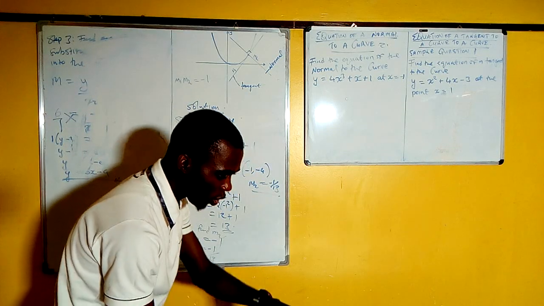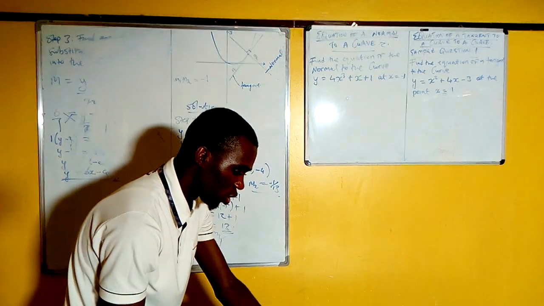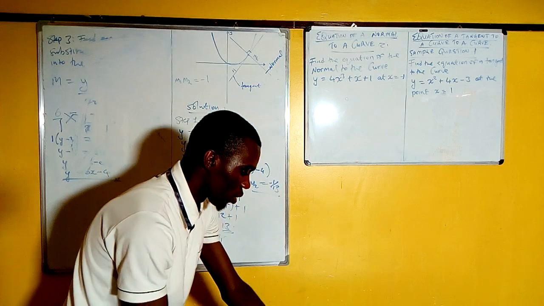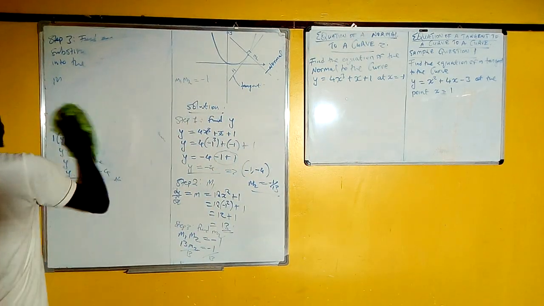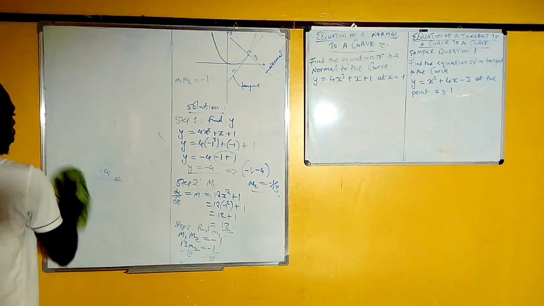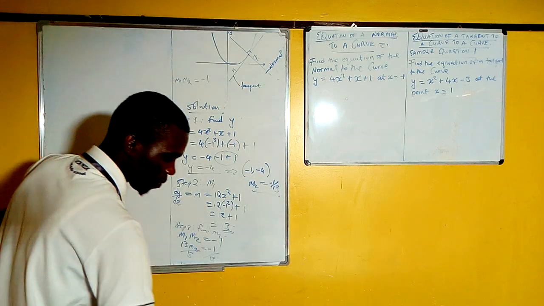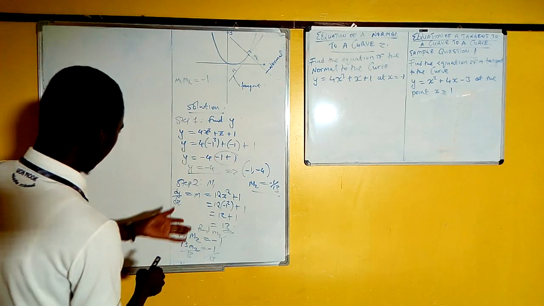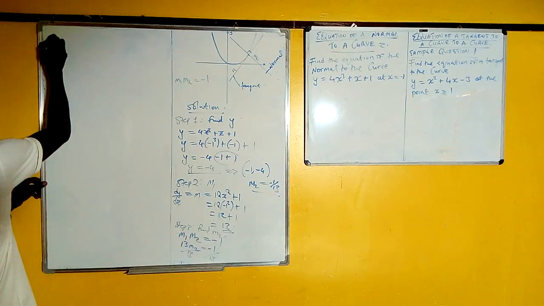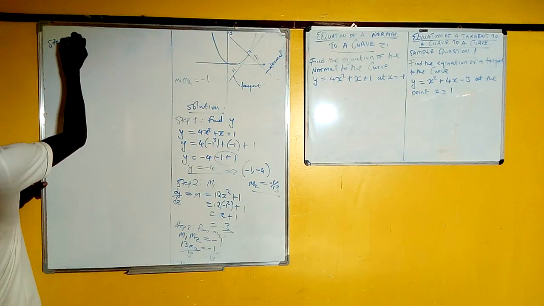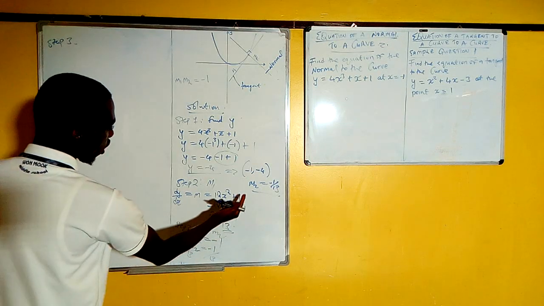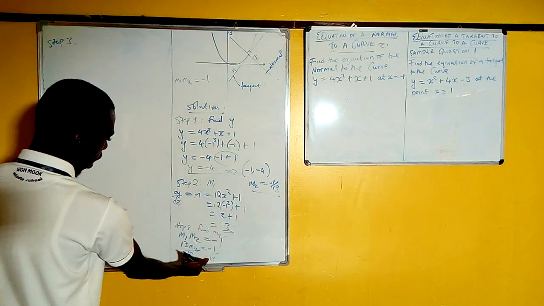Okay, so we continue to the next step. In the next step, we are going to now substitute what we have found. So this is step 2, so we go to step 3. In step 3, now we have the coordinates, we have our gradient.